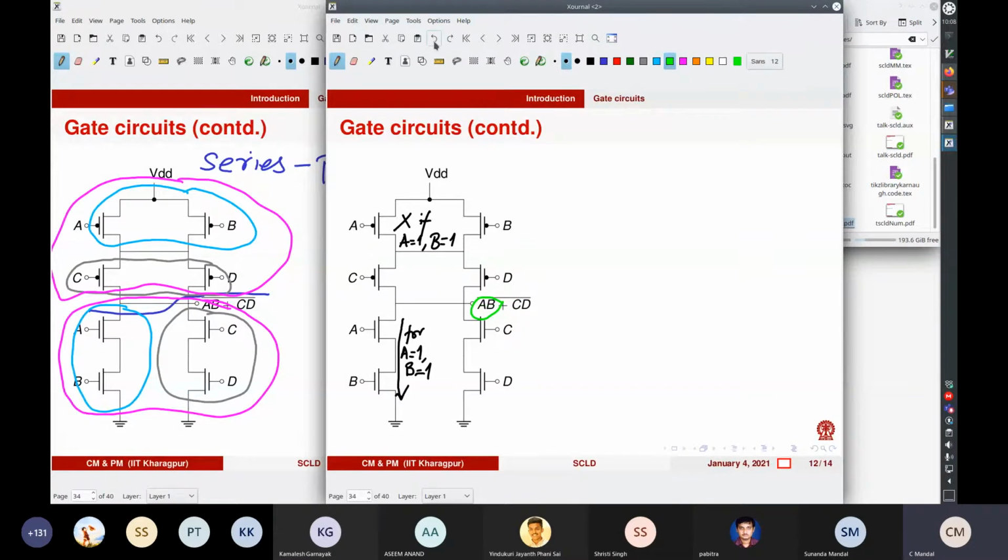So this gate, as you can see, this is also a gate. If you write down the truth table, you'll have 16 entries. So can you just write down the truth table?